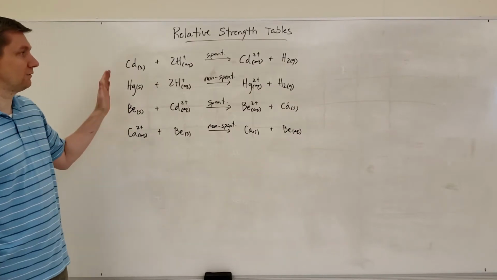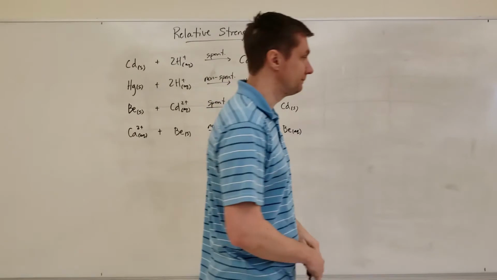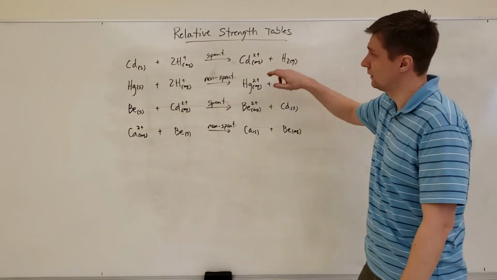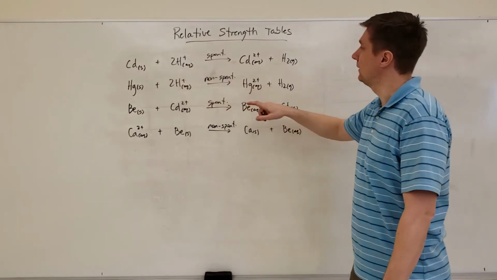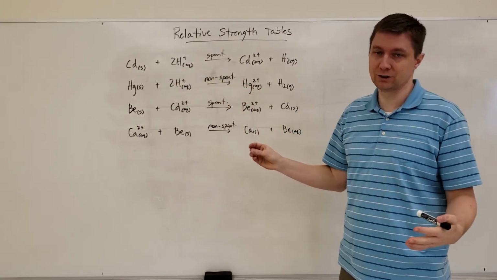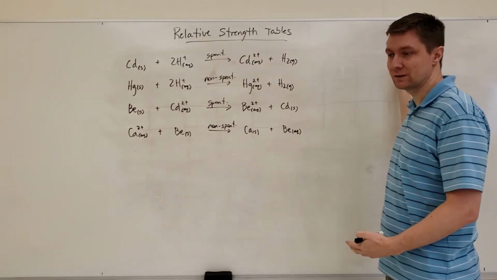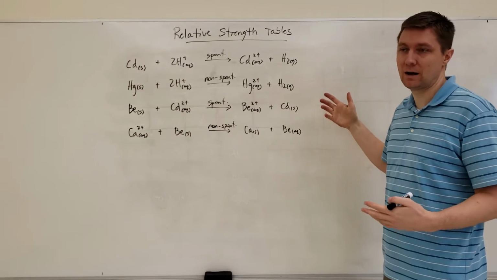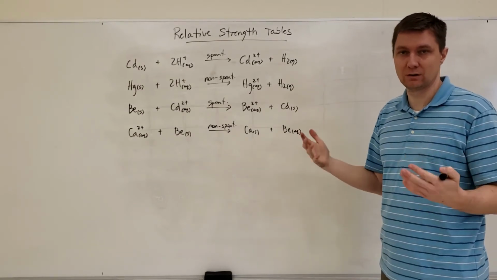So let's take a look at the information that we've got here, and then let's build our reduction half reaction table on the side. So right here I've got Cd solid reacting with H+. Now, in terms of the coefficients here, you don't need to worry about the coefficients. When you're writing your reduction half reactions over here on this side, only worry about writing them out and having coefficients if you need to balance them based on the number of electrons.